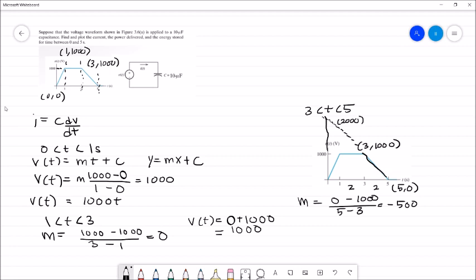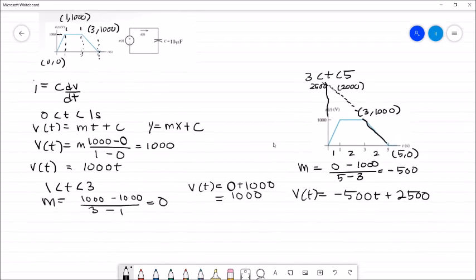So half of this 2, which is 1, the graph will move another 500, which is half of the 1000. So here it will intercept at 2500. So the equation will be V(t) equal to m, which is negative 500 t plus 2500.